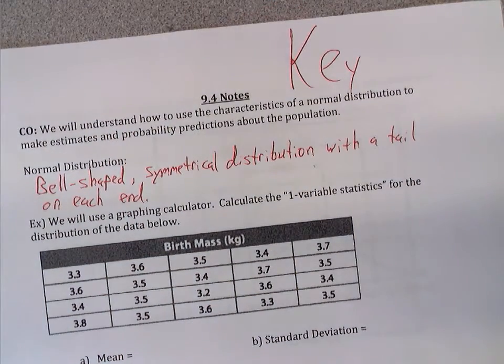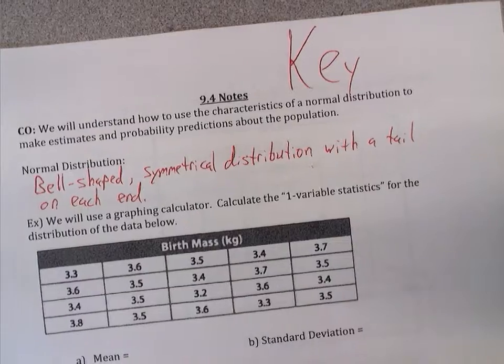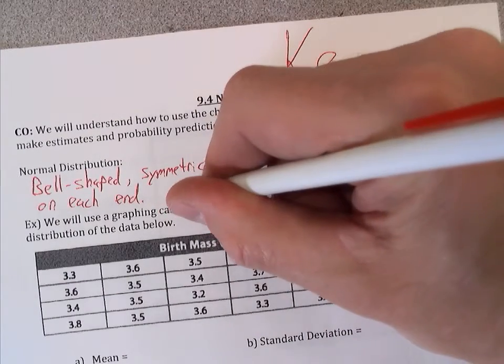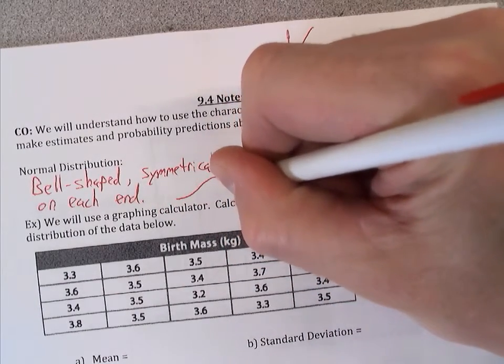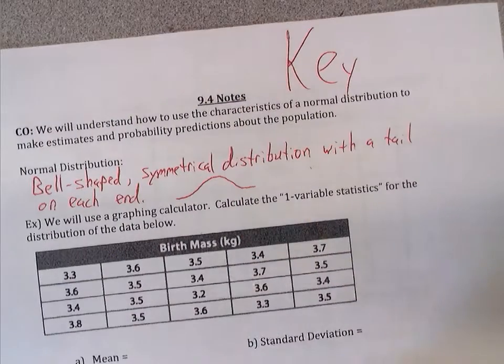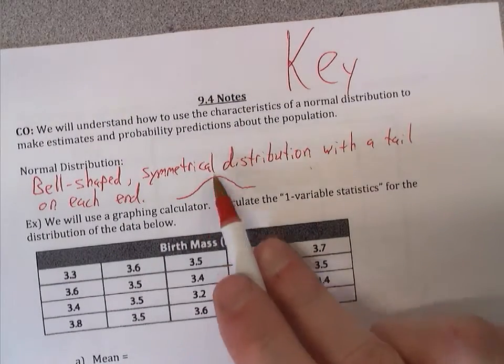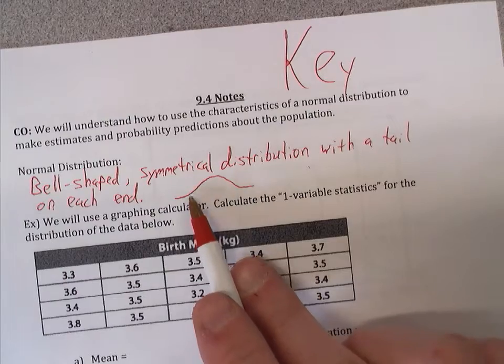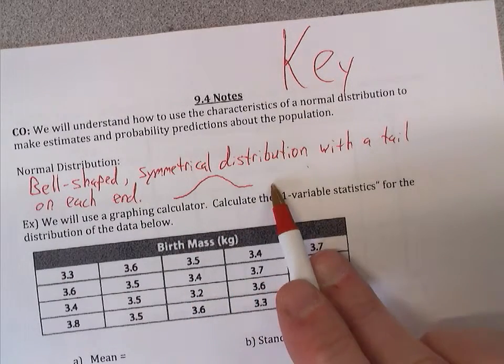Okay? And so that is going to allow us to understand. When we talk about a bell-shaped curve, we're talking about something that looks roughly like that. It's bell-shaped, symmetrical, or as symmetrical as we can get it, and you can see these tails off on the ends.